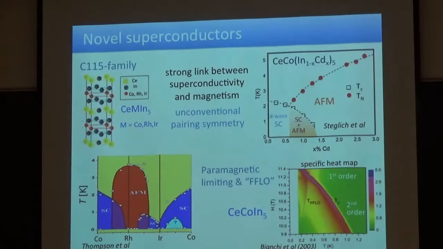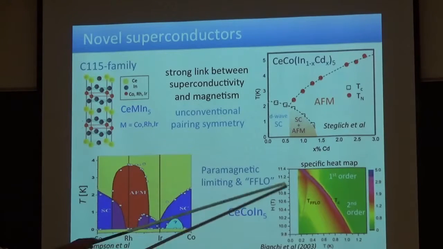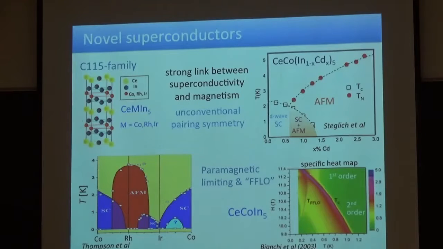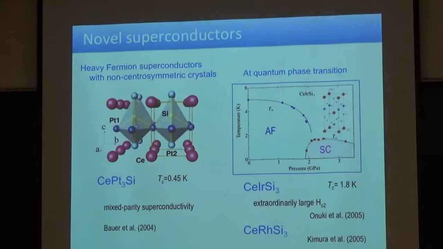This has not been completely settled. There are additional magnetic features coming in here, which makes this very complicated and very attractive for research. Then the heavy fermion materials are so rich, they continue to keep us busy.